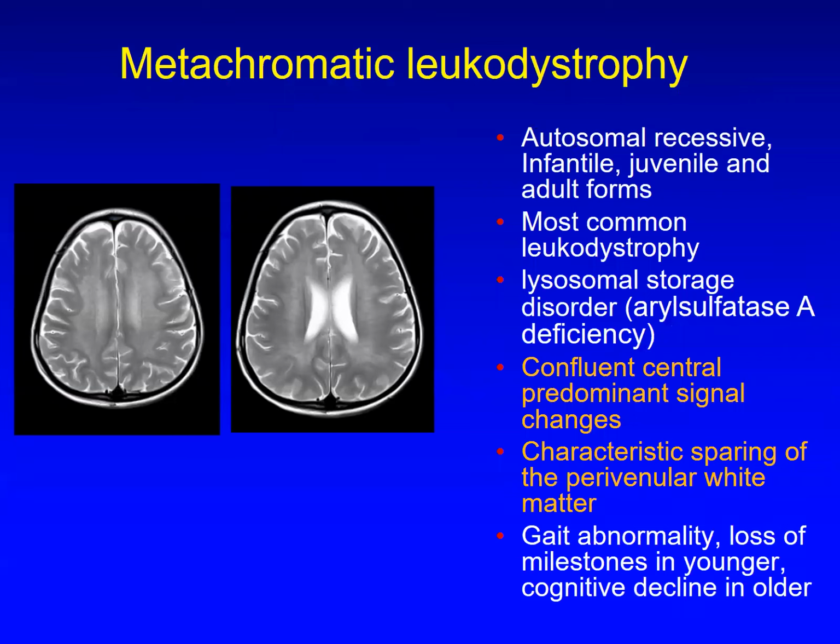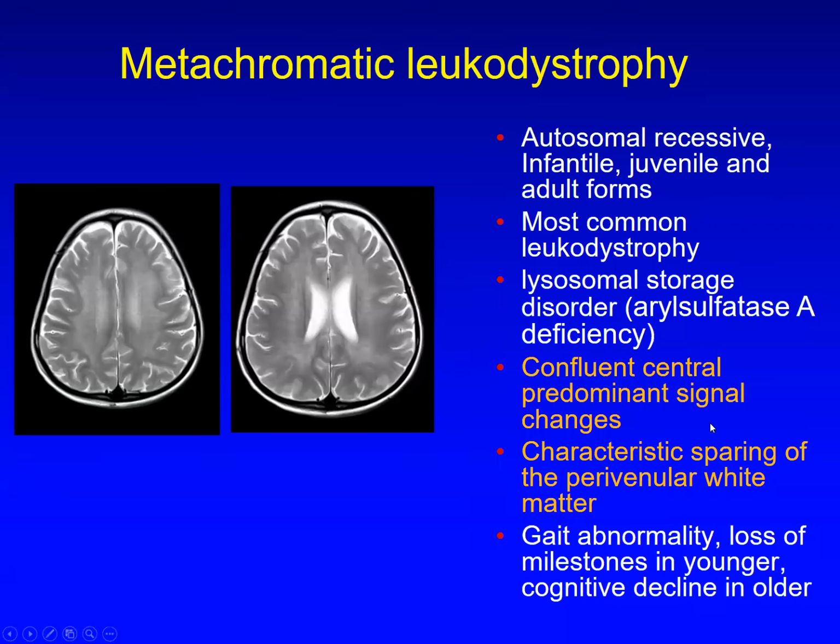So this is the most common leukodystrophy that we will encounter. It's autosomal recessive. There are infantile, juvenile, and adult forms. The late infantile form is the most common, usually around 12 to 18 months or so. It's a lysosomal storage disorder with arylsulfatase A deficiency, and results in confluent signal changes.